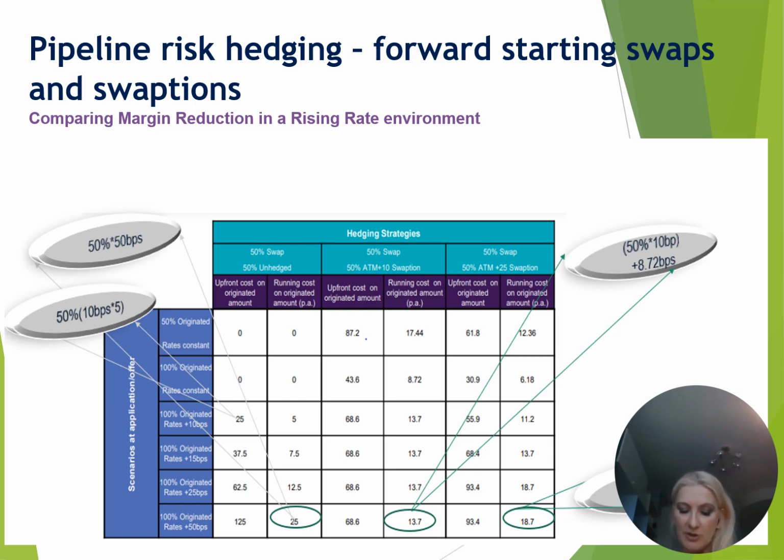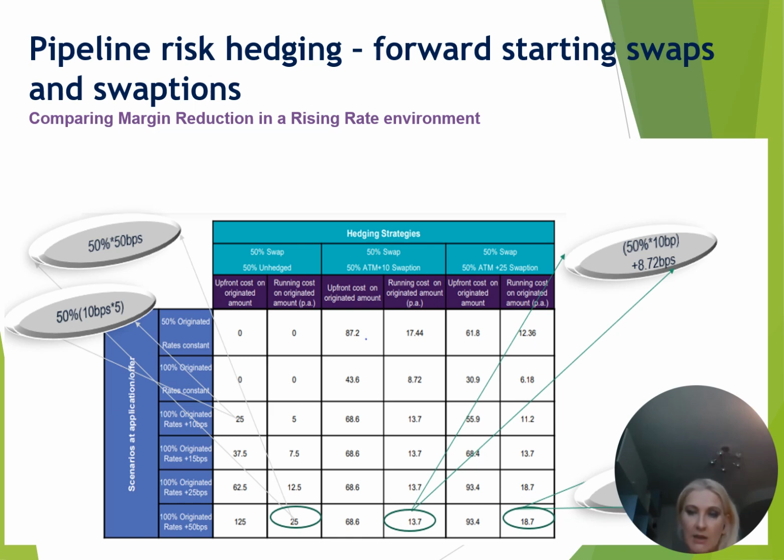So the situation is obviously changing while rates are moving up. Under strategy 1, the Treasury enters only the forward starting swap with a notional equal to 50% of the pipeline, so 50 million in this example. The interest rate swap starts in 3 months' time, and the tenor is 5 years.